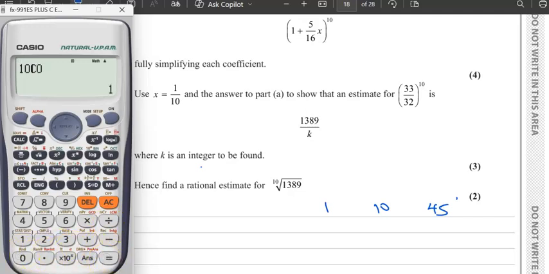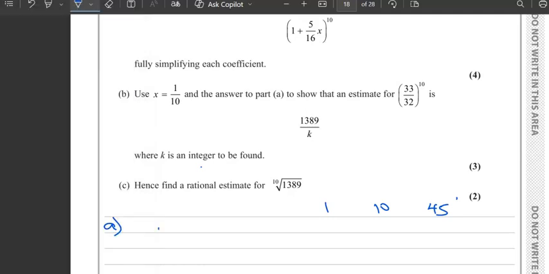So from 0 we have 1, then 10, the next one is 45. So we have these 3 as the binomial coefficients.